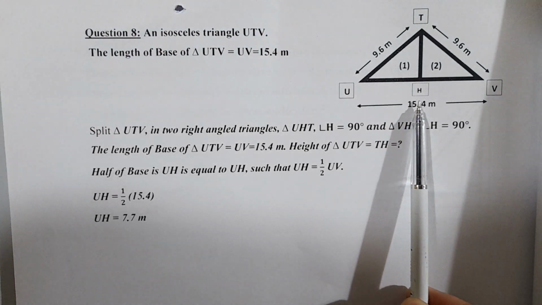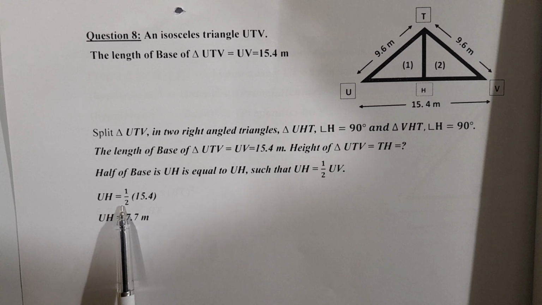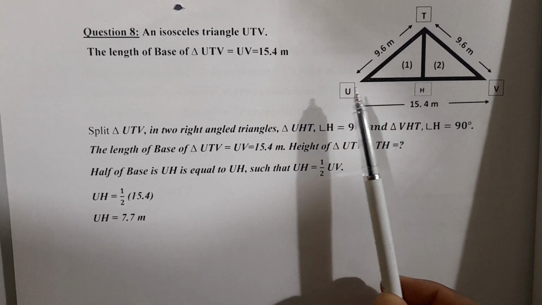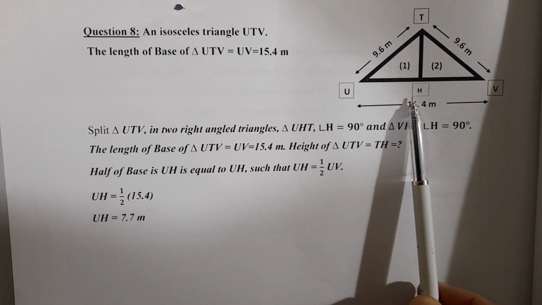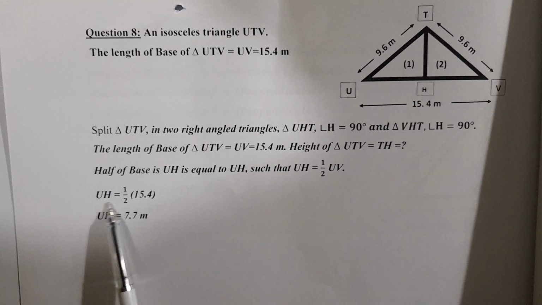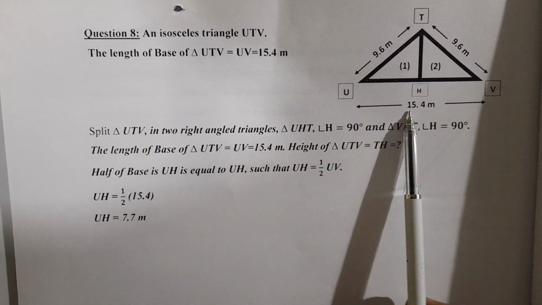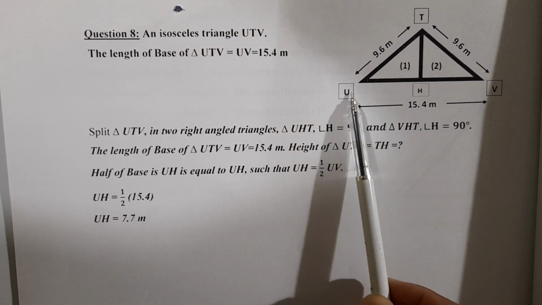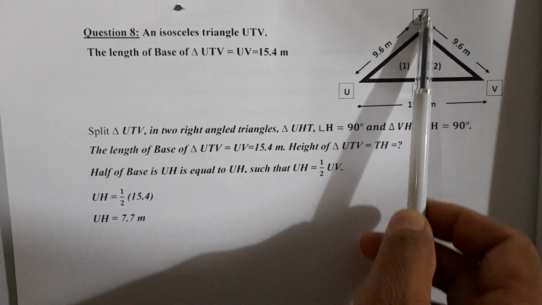UH will be half of UV, so UH is half of 15.4 meters. So, UH is 7.7, and UT hypotenuse is 9.6, and we have to find the length of HT.